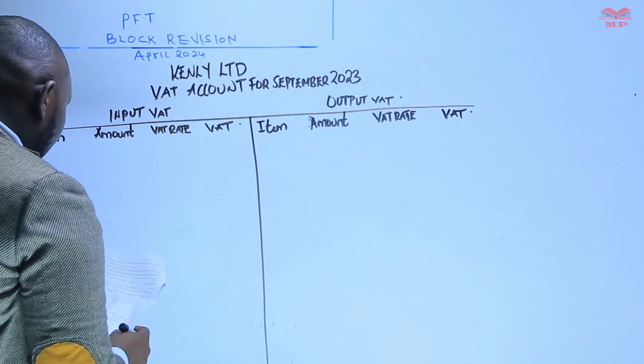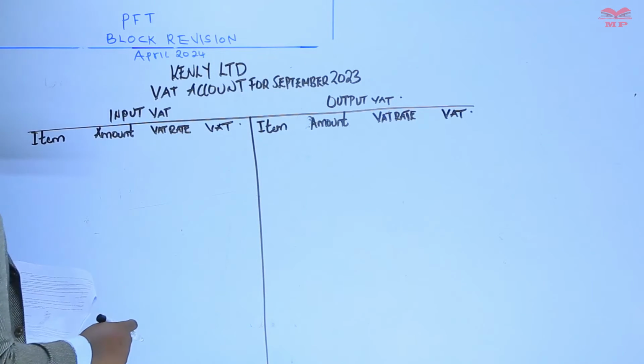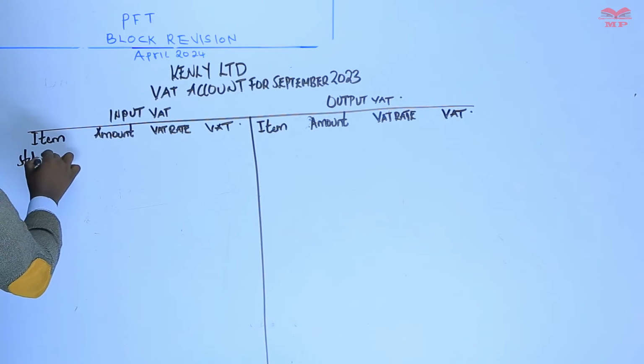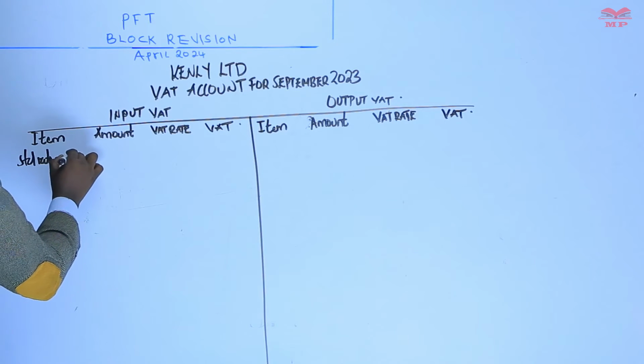So then the first item is standard rate purchases. That's an input.